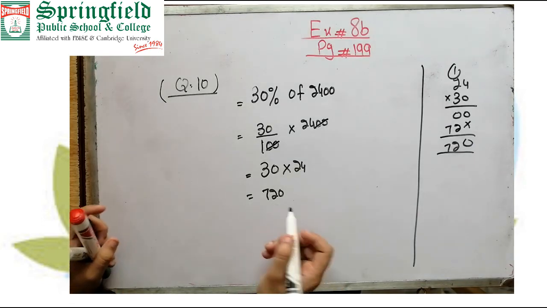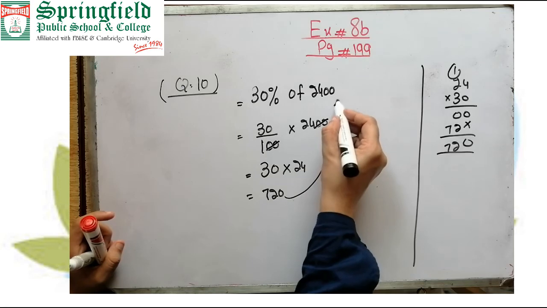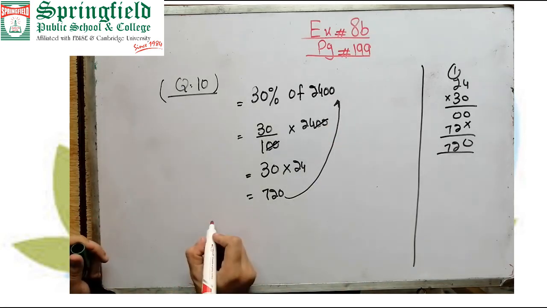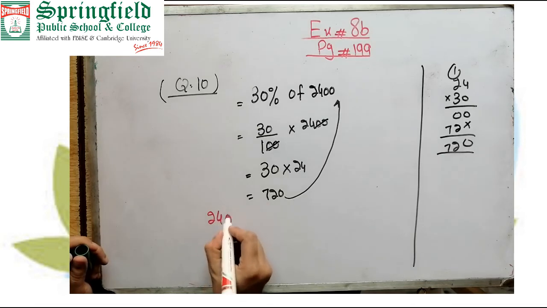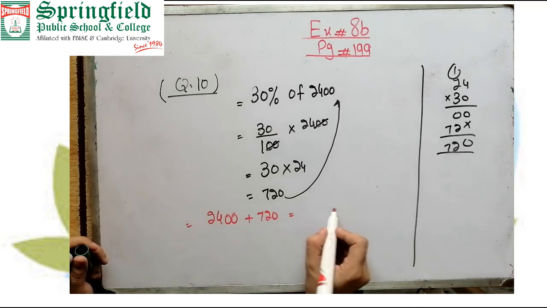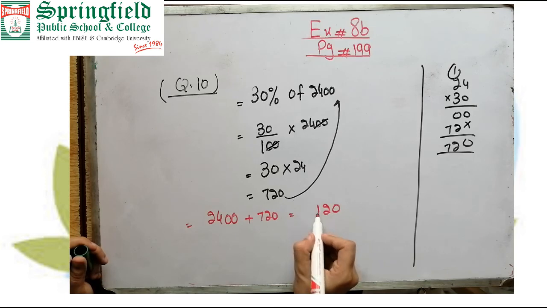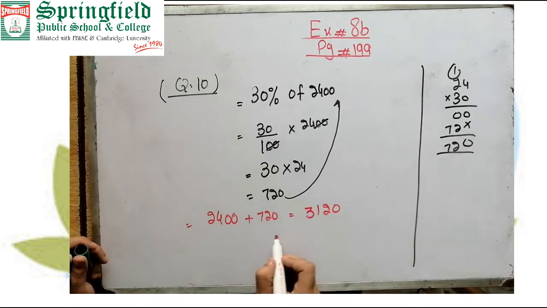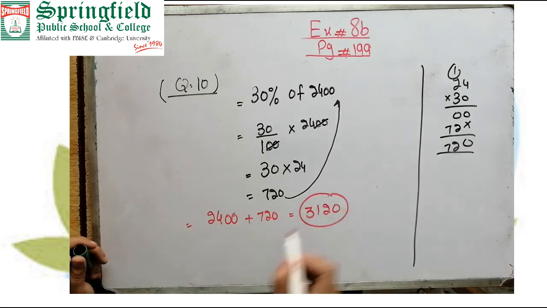So increase means we will add it to the 2400. So what will be the new amount? 2400 plus 720. It will become 3120. This is the new amount after increasing.